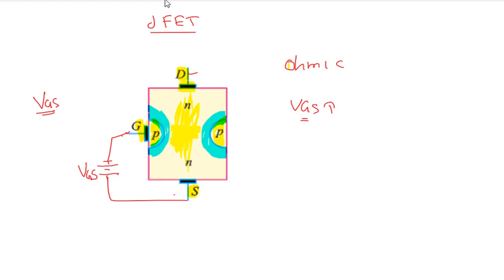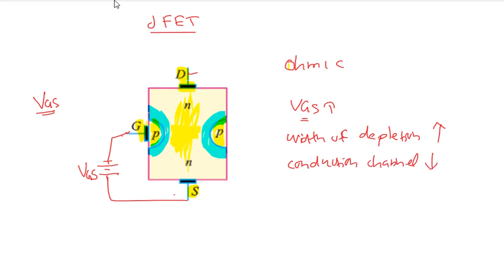So as I increase VGS, the width of the depletion region increases, but the width of the conduction channel decreases. And if the conduction channel becomes narrower, then the resistance of that conduction channel increases, and drain current ID will decrease.